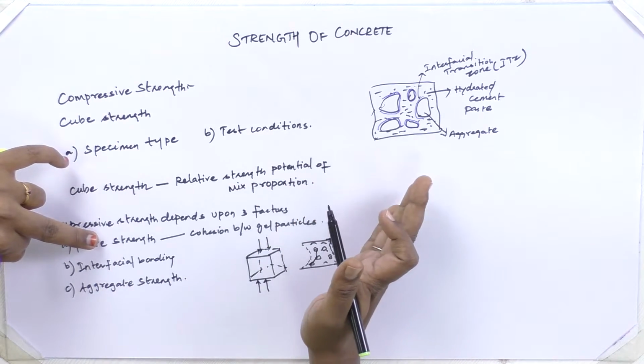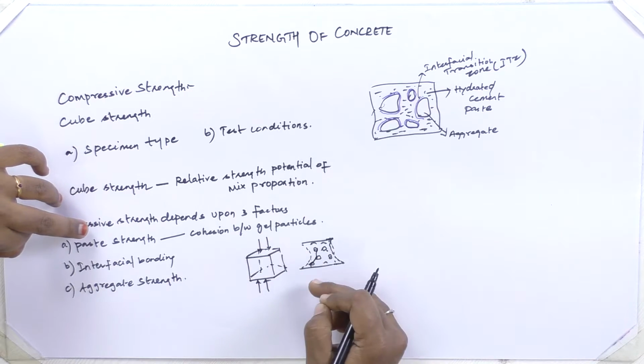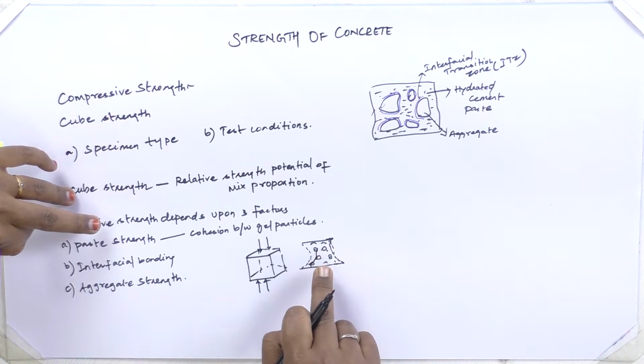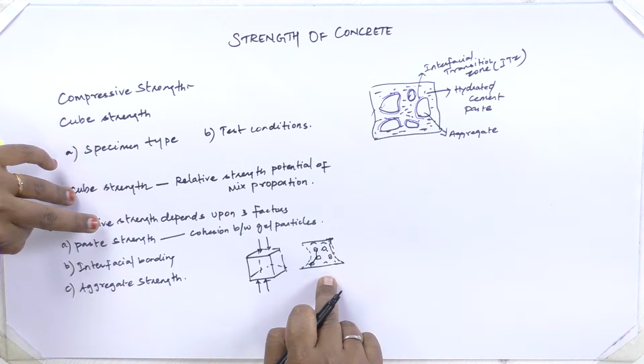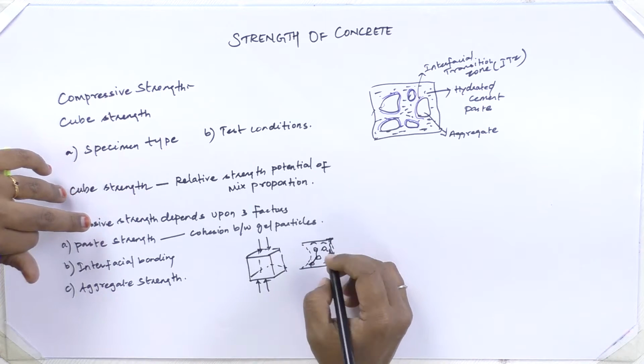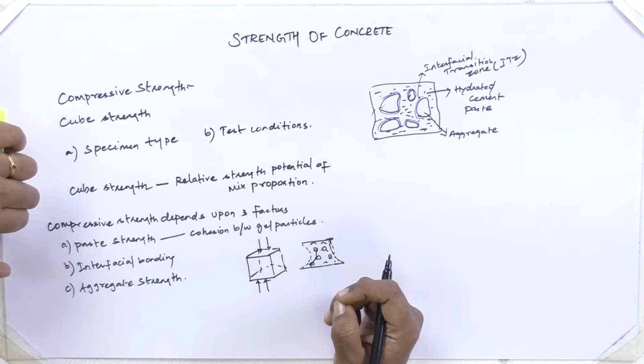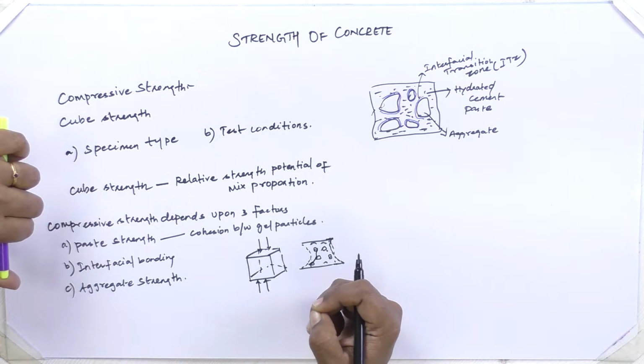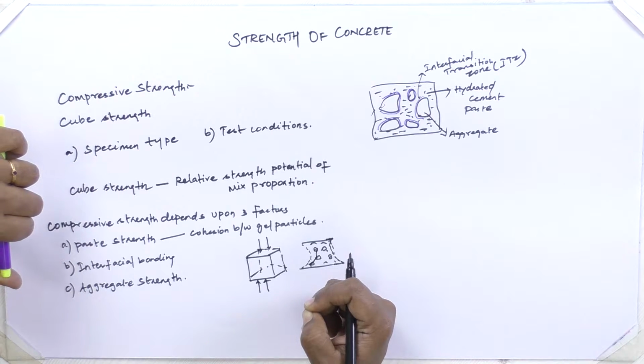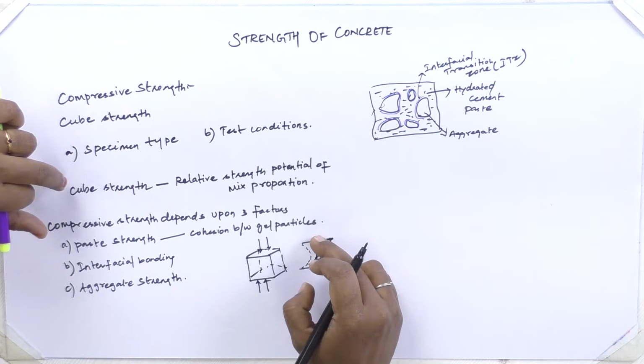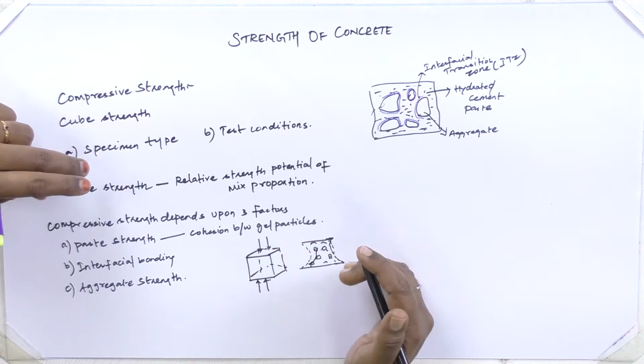Here in the failure mechanism, how does a crack get initiated? That is the main point. From where are my cracks getting started when I am applying the stress?